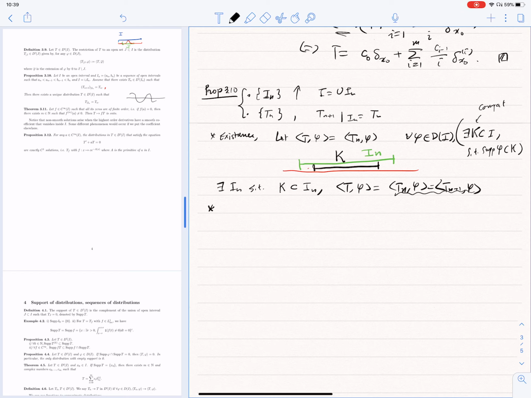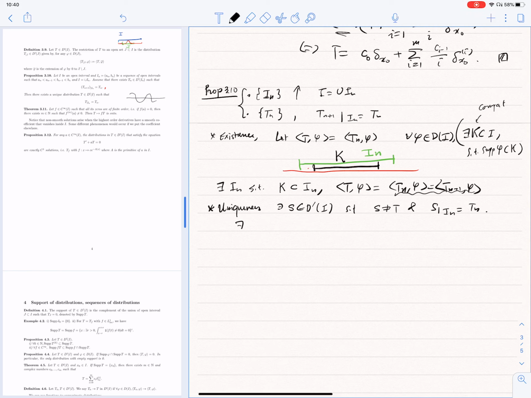And secondly, we're going to show uniqueness. Suppose there is an S that also satisfies the property, such that S is different from T and S restricted to I_n is equal to T_n.